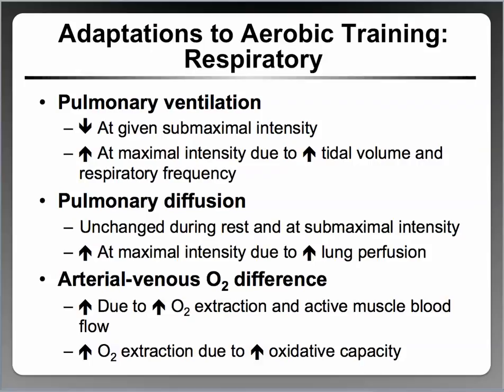With maximal intensity exercise, you have an increase in pulmonary diffusion, and basically it's due to the increase in volume of blood that is running through those pulmonary veins, which return oxygenated blood to the lungs.